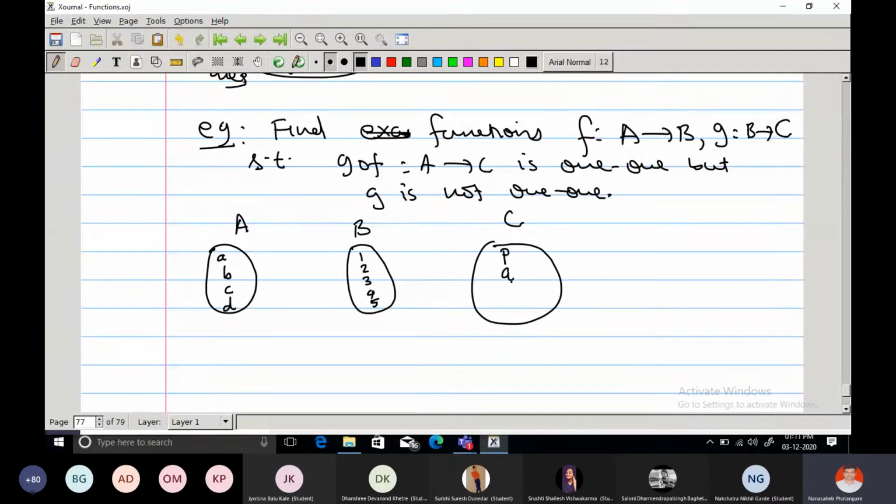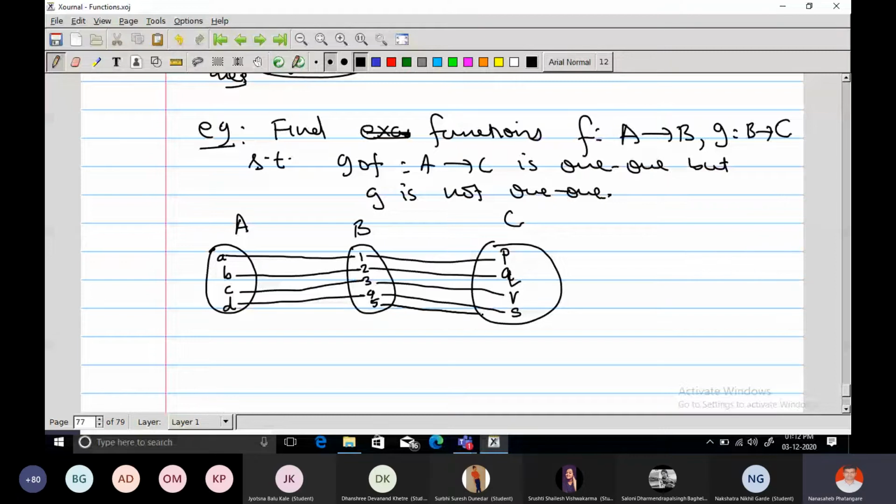Now, if my function f is this, then function g is this: 3 goes to this, 4 goes to this, and 5 also goes to s. So this is f, this is g.